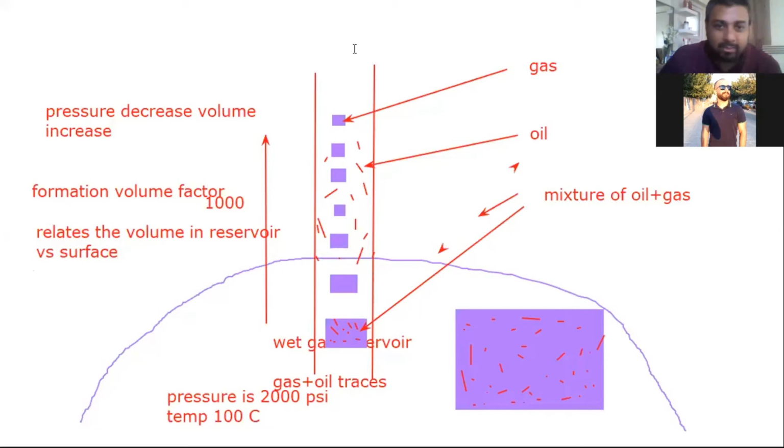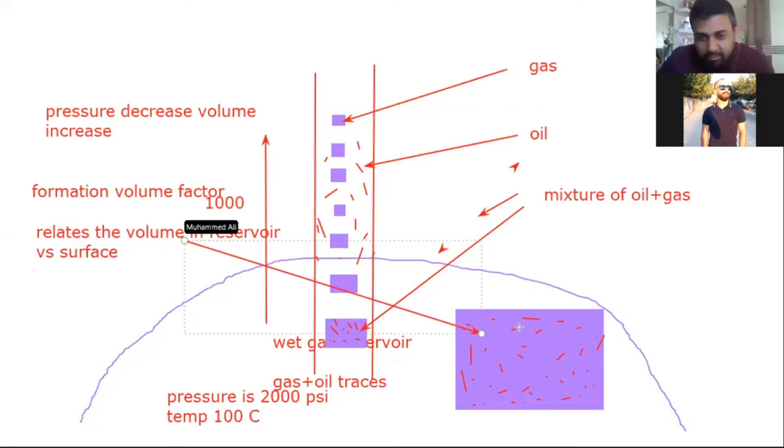As I said, the volume in the reservoir, we are talking about this one. The reservoir fluid's mainstream is gas, but it has some small amount of oil in it. Same kind of behavior as when you see cola: you have water, and let's say you put sharbat or any juice in it, like Sunquick.